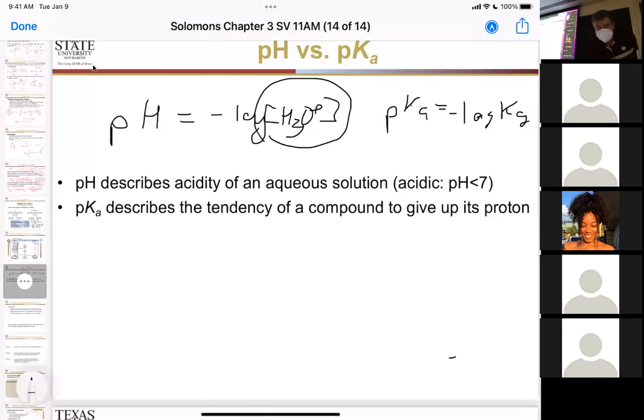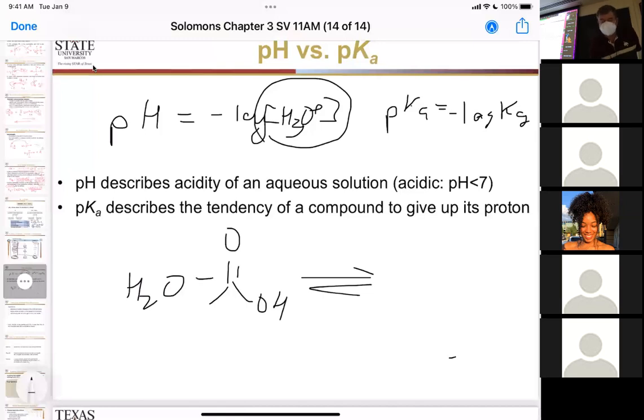We can see this and make sure we understand it by looking at acetic acid. If we react acetic acid in the presence of water, acetic acid is acting as the acid, and the water is acting as the base. It's going to give us a hydronium ion here.